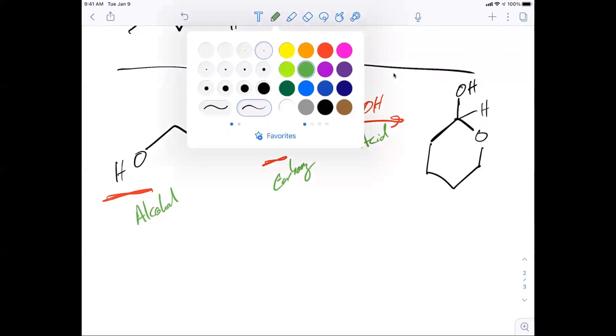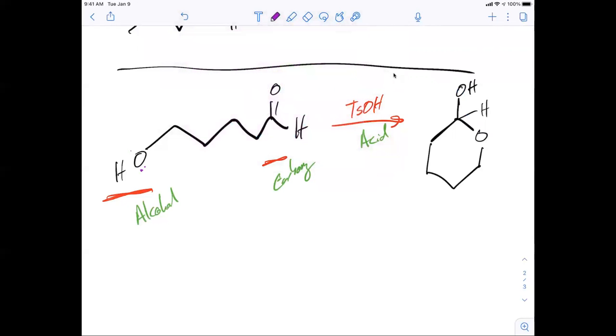Yeah, so what we're looking at is that this, and I'm going to change colors, is attacking that. So if we number 1, 2, 3, 4, 5, 6, here's where it was attacked. And then of course you're breaking this bond too. That's why it's a single bond oxygen.